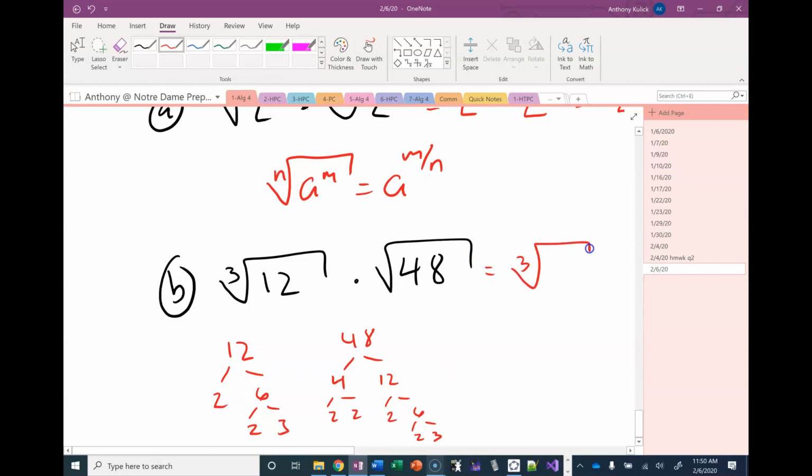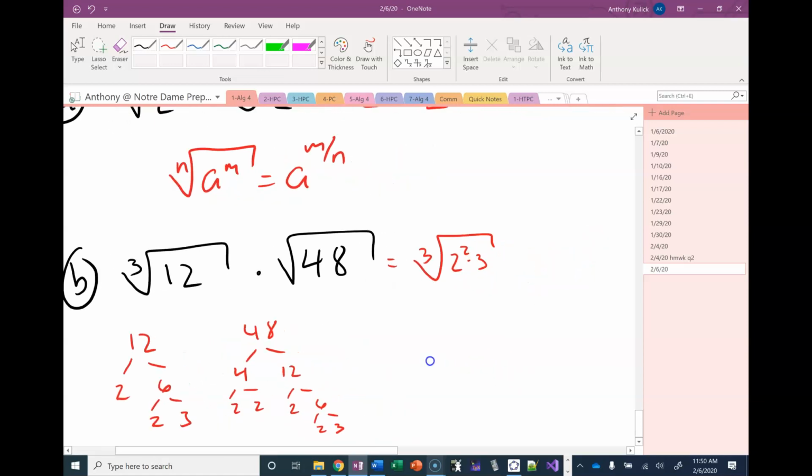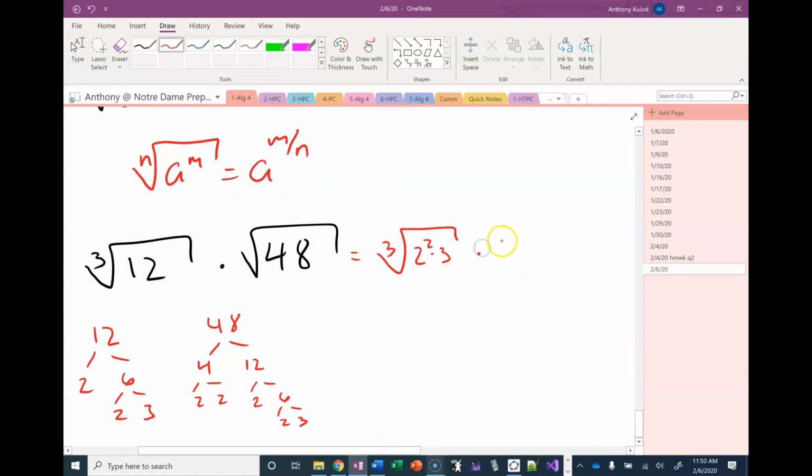So I have a cube root of 2 squared times 3, multiplied by the square root of 2 to the 4th times 3. Everybody okay there?